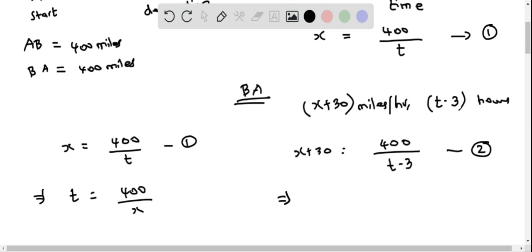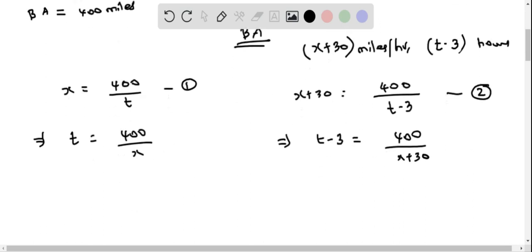So I cross multiply and then divide by X plus 30. So therefore I'll be getting T minus 3 equals 400 divided by X plus 30. Since I had to solve for T, I add 3 on both sides, which means I'll be getting T equals 400 by X plus 30, plus 3.